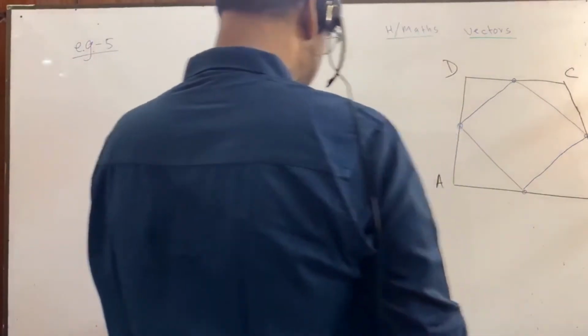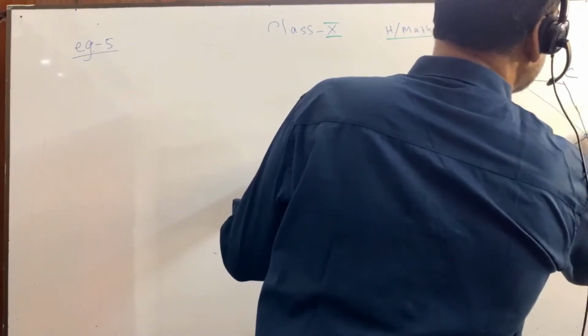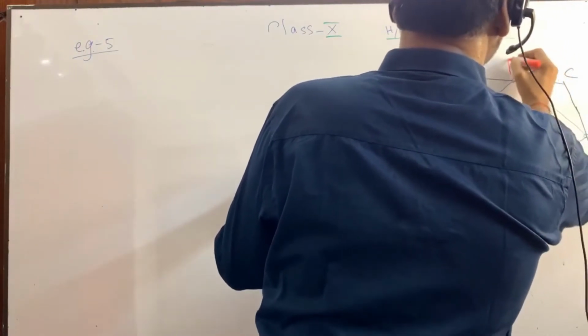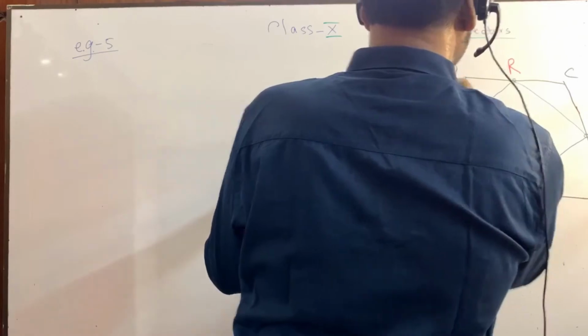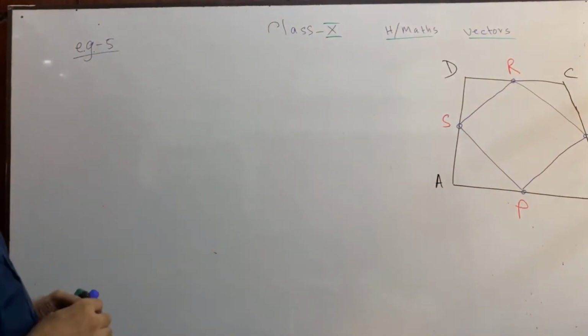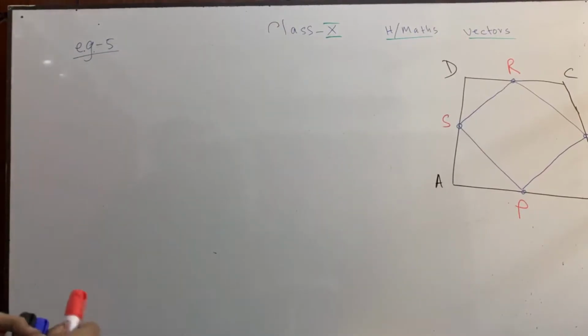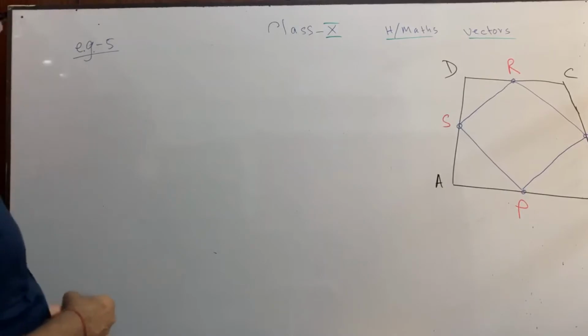Now we name it: it is P, Q, R and S. We have to prove that PQRS is a parallelogram. Very important for your time. So let's write down.